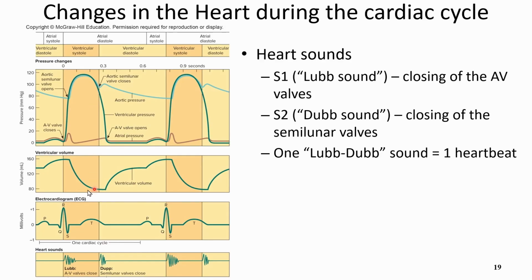Notice down here, the volume in the ventricles has come down to its basal level right here. And then at that point, the heart relaxes. So you have a T wave, which is ventricular repolarization, right? And at that point as well, when the aortic valve closes, you hear the dup sound. Then you can repeat the same thing through the rest of the figure.